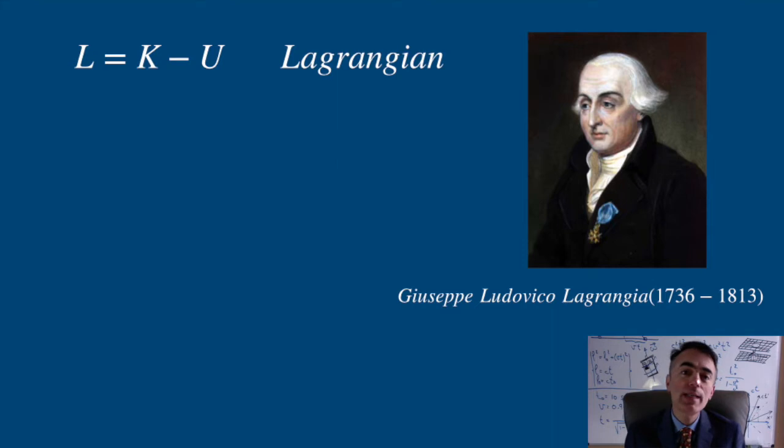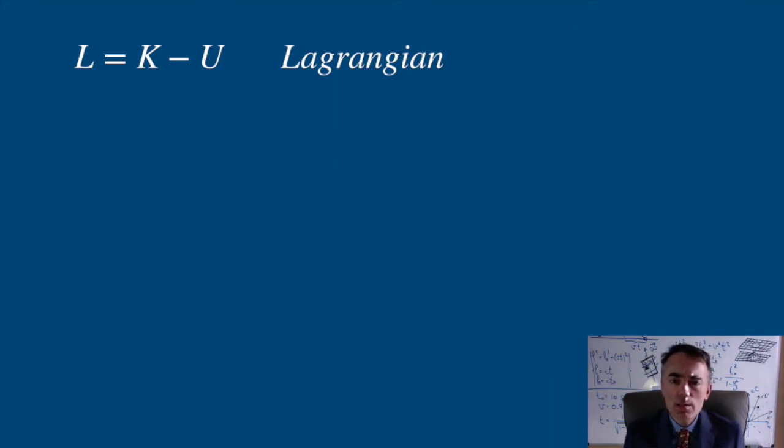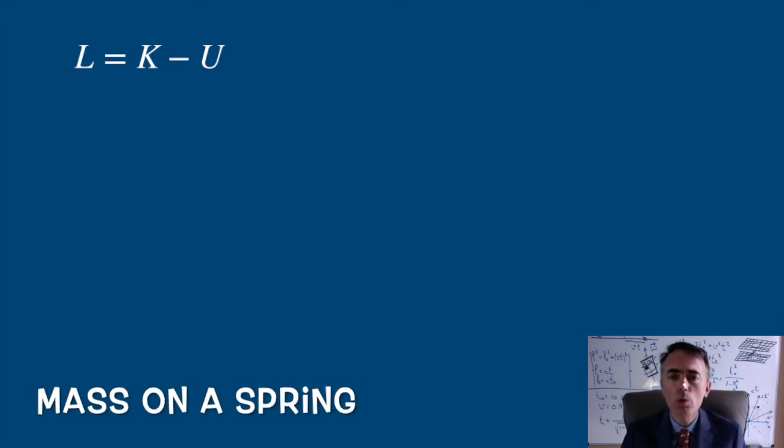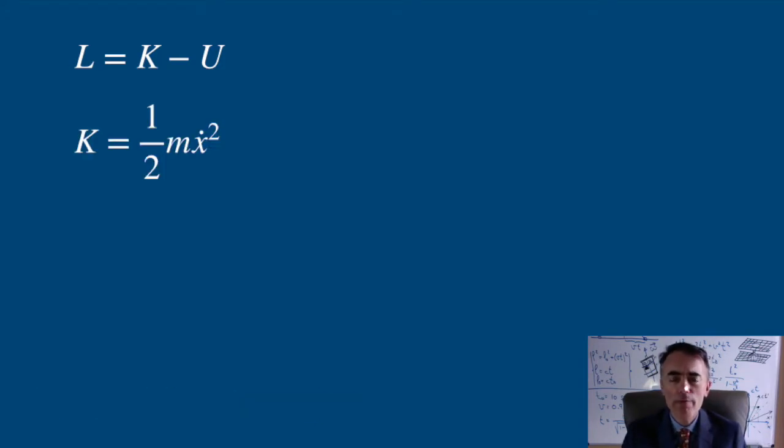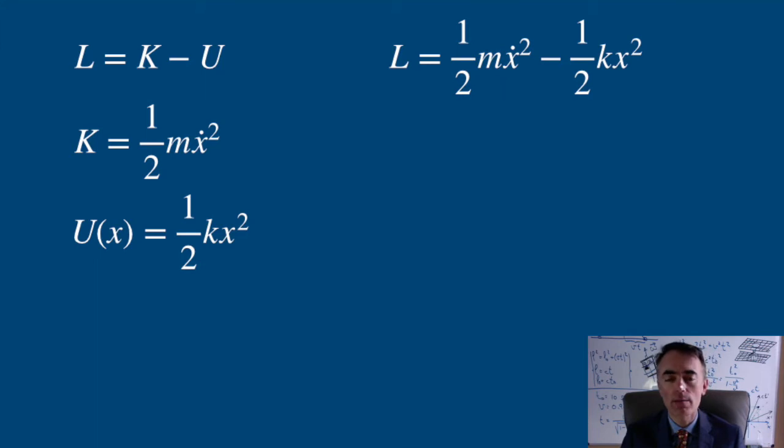Be careful that there is a negative sign there, so it is not the energy of the system, it's something else, something different. Let's, for example, write this for our old friend, the mass on a spring. The kinetic energy is 1/2 m x dot squared, and the potential energy is 1/2 k x squared. So the Lagrangian writes as this.